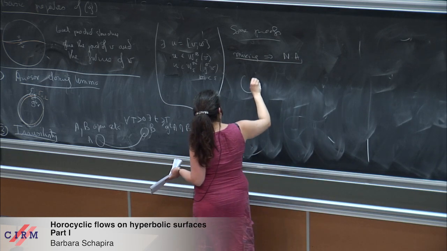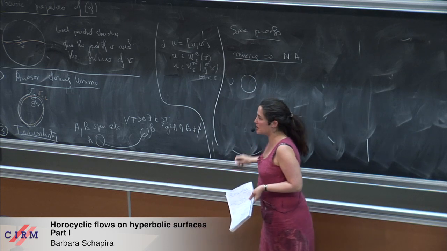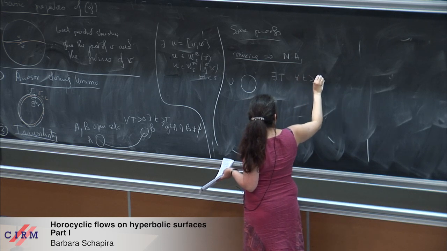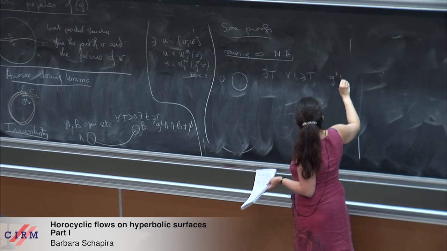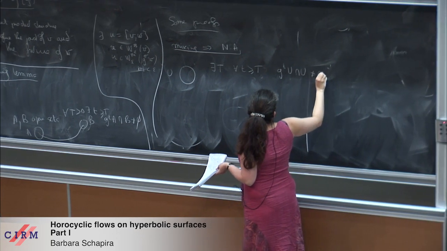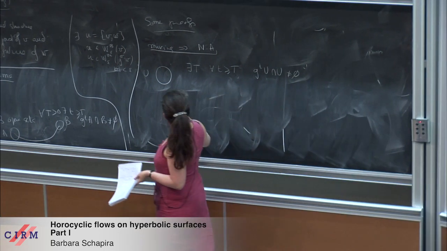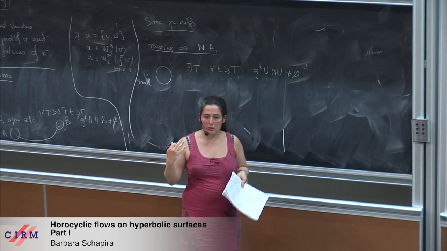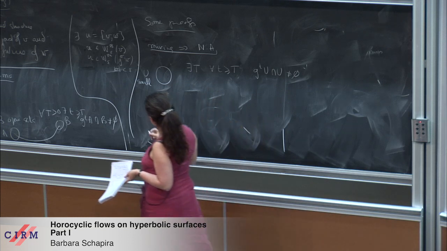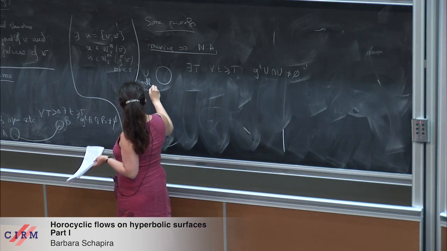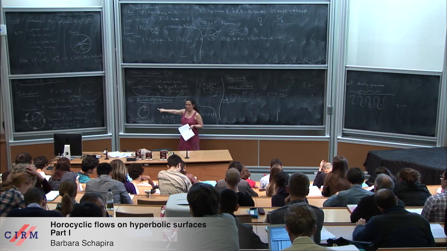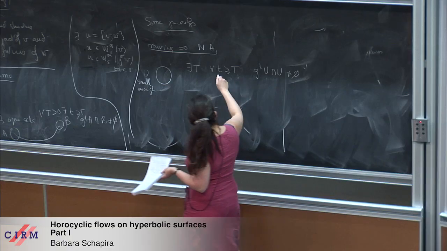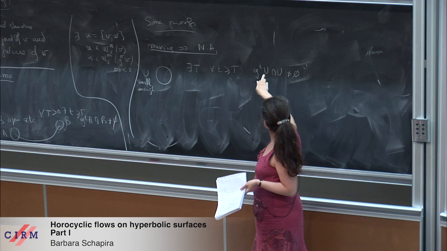Take an open set U. The mixing property says that there exists some T such that for all t larger than T, g_t U intersects U. Now assume that U is small, I don't give you precise quantifiers, but small enough so that the conclusion of the closing lemma is true. So for all t large enough, you have g_t U intersect U.